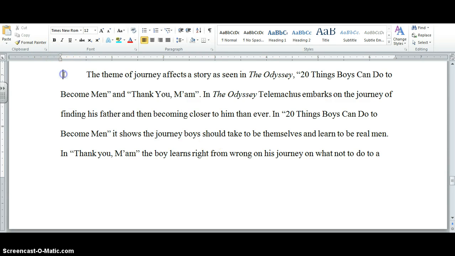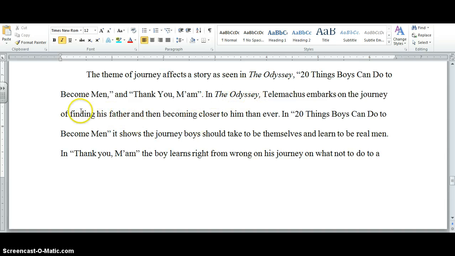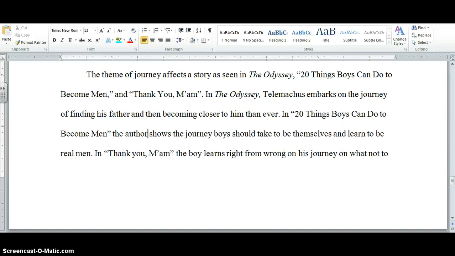Okay, conclusion. "The theme of journey affects the story as seen in the Odyssey, 20 Things Boys Can Do to Become Men, and Thank You, Ma'am. In the Odyssey, Telemachus embarks on the journey of finding his father and then becoming closer to him than ever." Nice. "And 20 Things Boys Can Do to Become Men," maybe the author shows the journey boys should take to be themselves, maybe to become themselves, and learn to be real men.